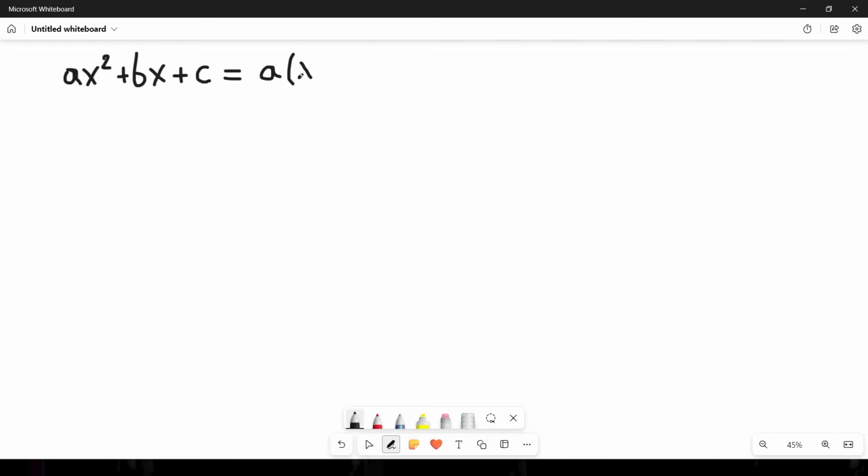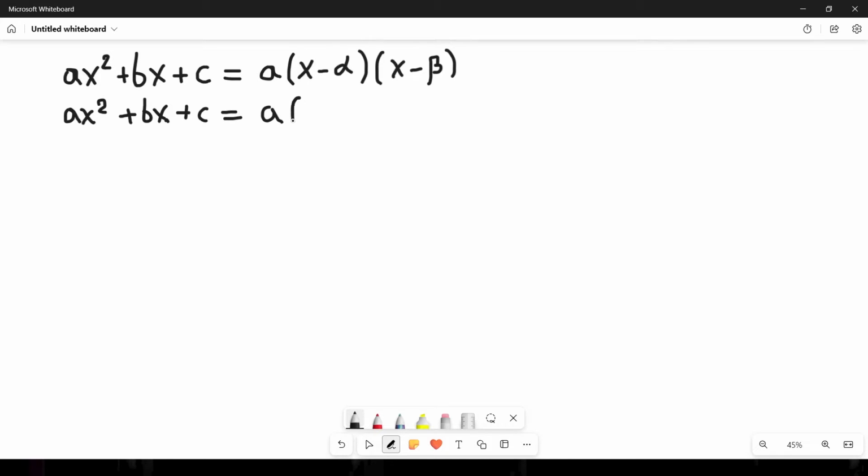So x minus alpha, which is the first root, times x minus beta, which is the second one. And what we have to do now is just copy the first row, but unveil the brackets. But we will save the a for now.